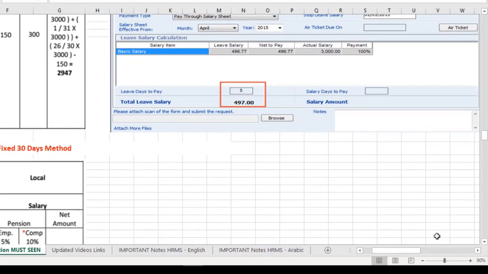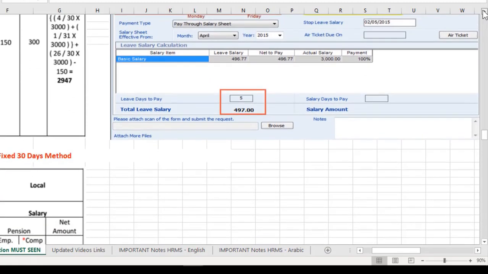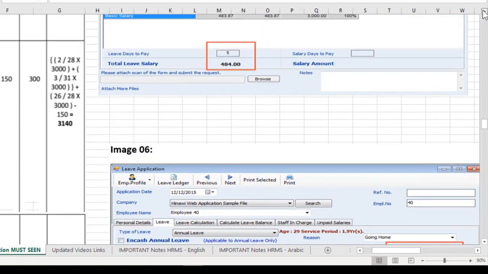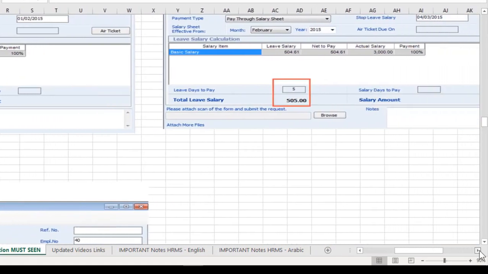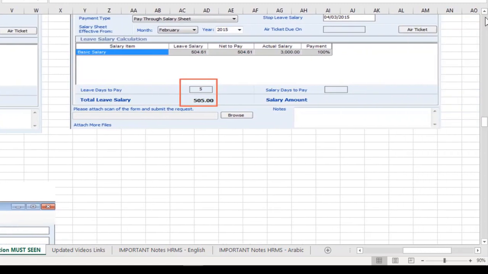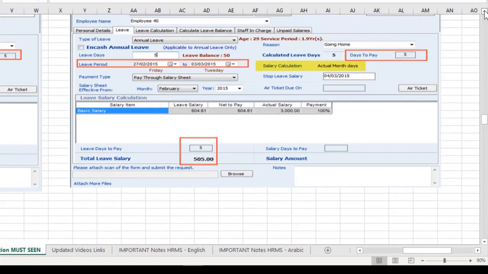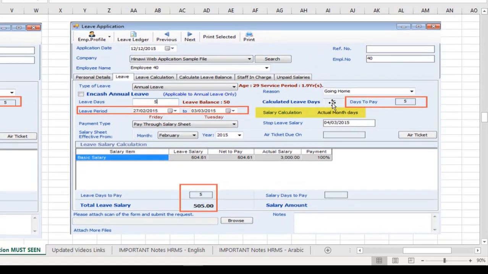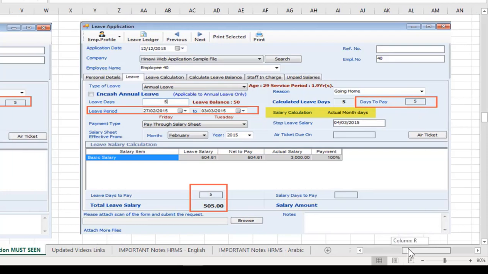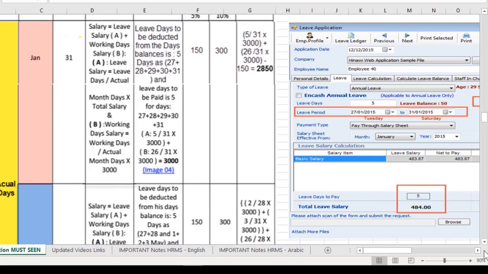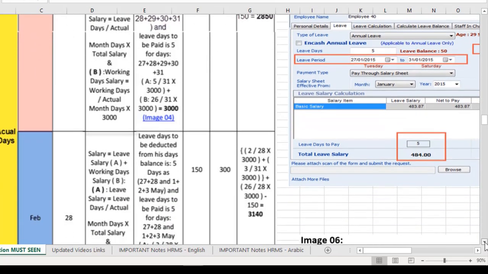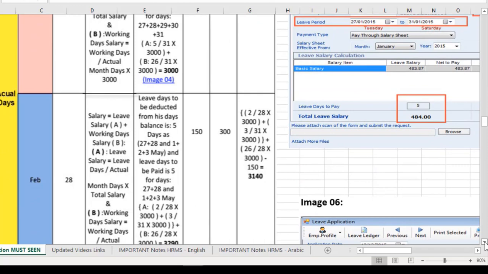And also right here, when we go a little bit up, as we saw here, for February also 5 days to be calculated as leave days and 5 days also to be paid. So in all cases, there were 5 days calculated as leave and 5 days to be paid as well, according to this calculation of actual days of leave.